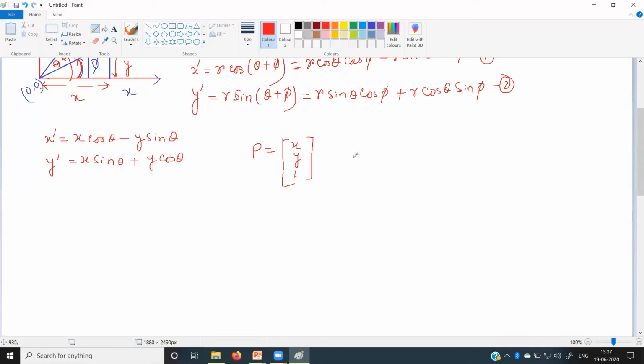1 is the weight, and the rotation matrix. We can write it as R. R is the rotation matrix, right?